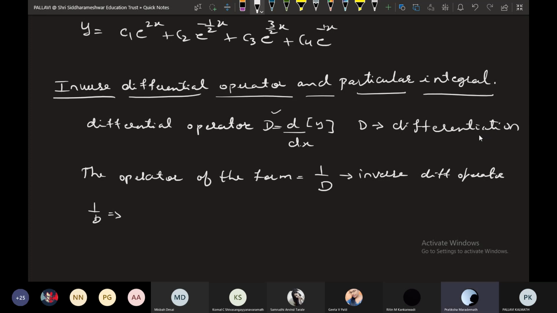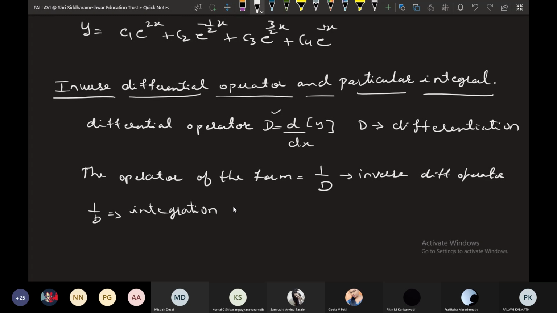Differentiation. So 1 by D will be what? Integration. Understood? D stands for differentiation, and 1 by D is integration. So D is the differential operator, and 1 by D is the integral operator. Fine.